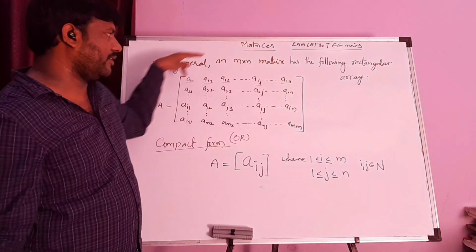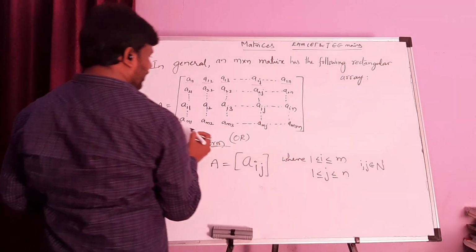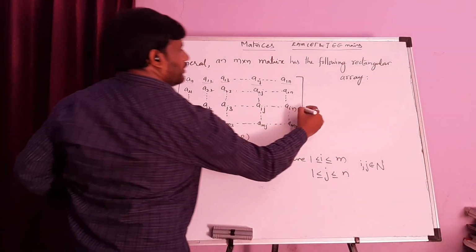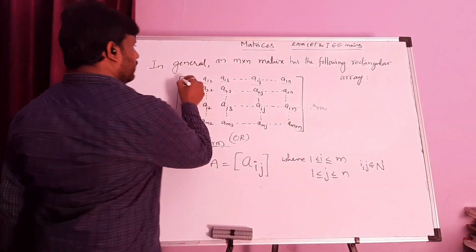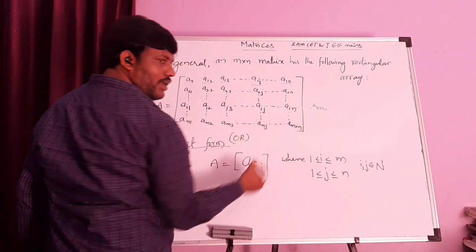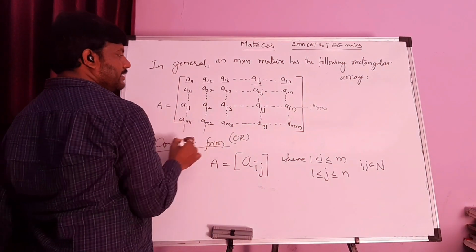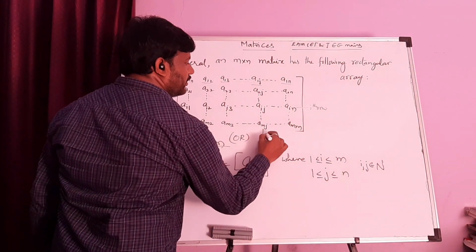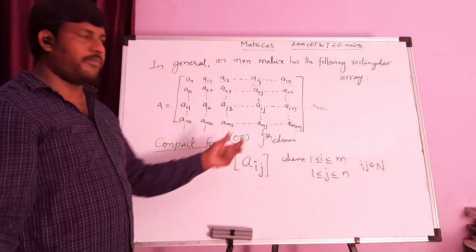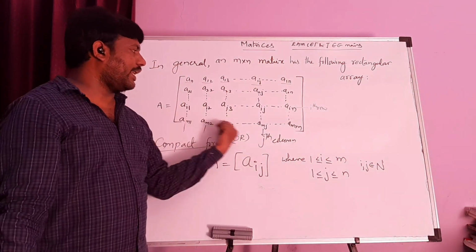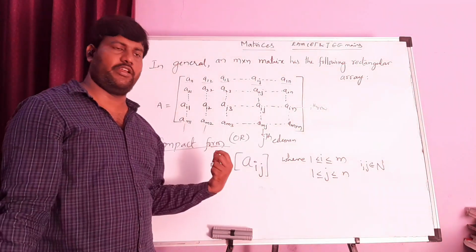In that, you observe here ai1, ai2, and so on. This is clearly the ith row, the elements in the ith row. This is the first row, this is the second row, this is the ith row. Similarly, this is the first column, second column, and here we see the jth column, the elements in the jth column. This is a matrix of order m by n. It contains m rows and n columns, right?